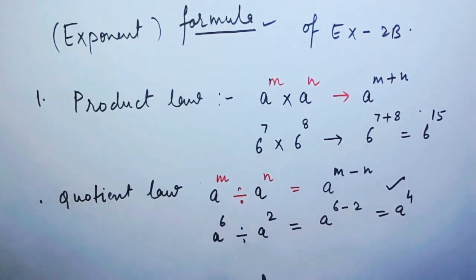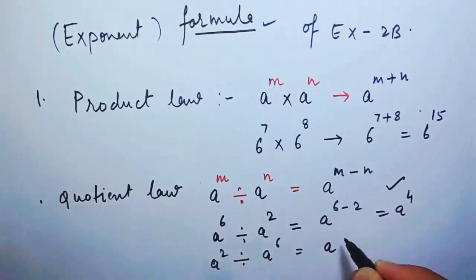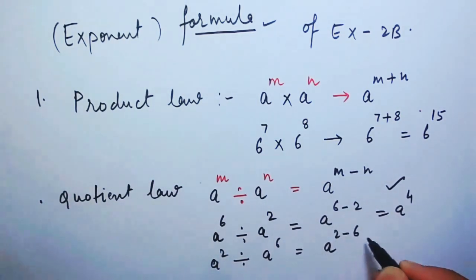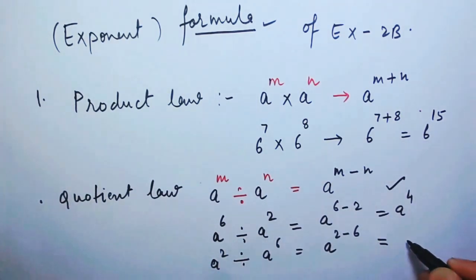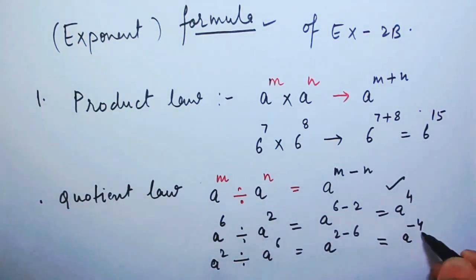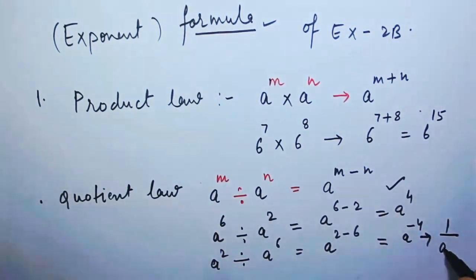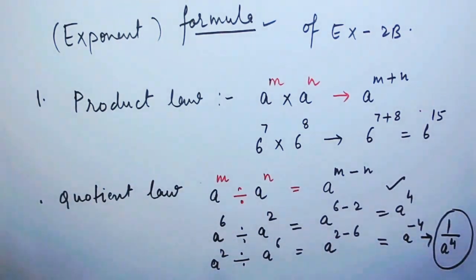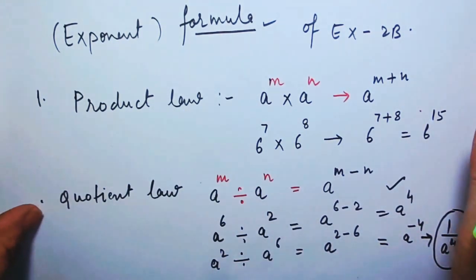Now if you get a to the power 2 divided by a to the power 6, you will get a to the power 2 minus 6, which is a to the power minus 4. Once you get a to the power minus 4, you can quickly convert it to a positive value, 1 by a to the power 4. So why learn more than sufficient?